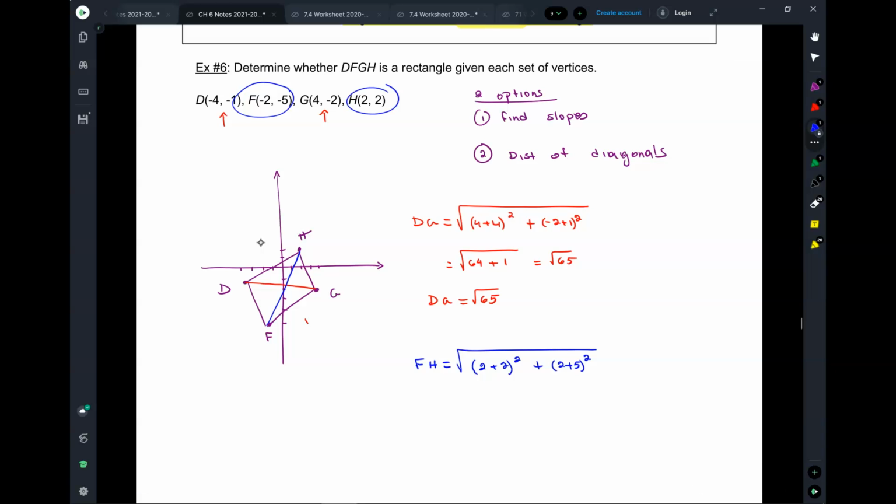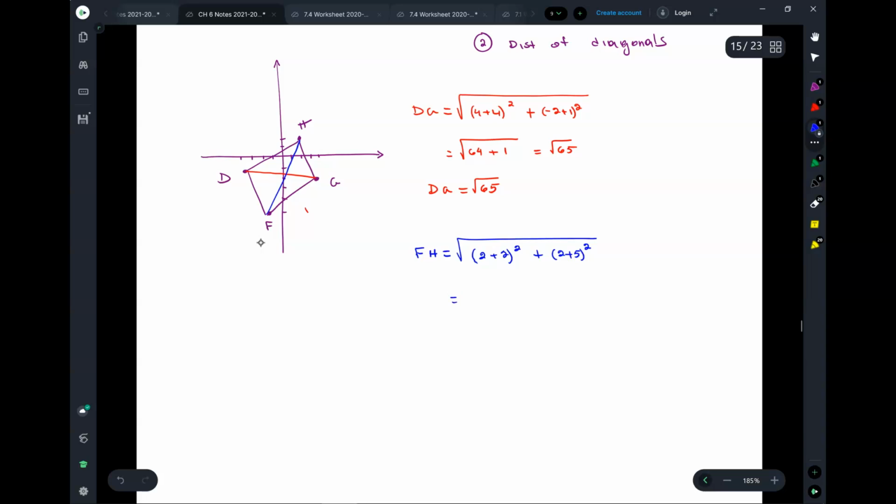Okay? So what is that? 4 squared is 16 plus 49. Is that 65? Yay! So yes, it's a rectangle.